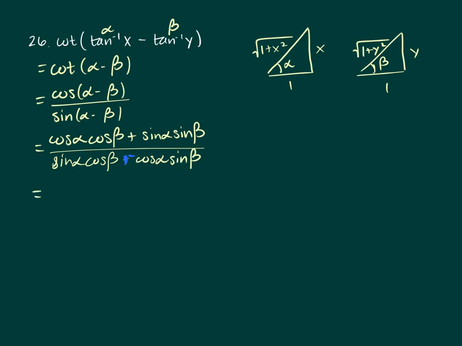So this then, I'm going to plug in everything I have. So cosine of alpha is 1 over square root 1 plus x squared. Cosine of beta is 1 over square root 1 plus y squared.